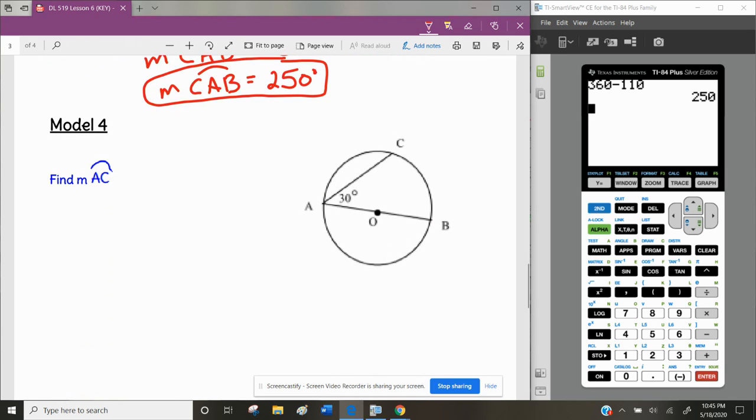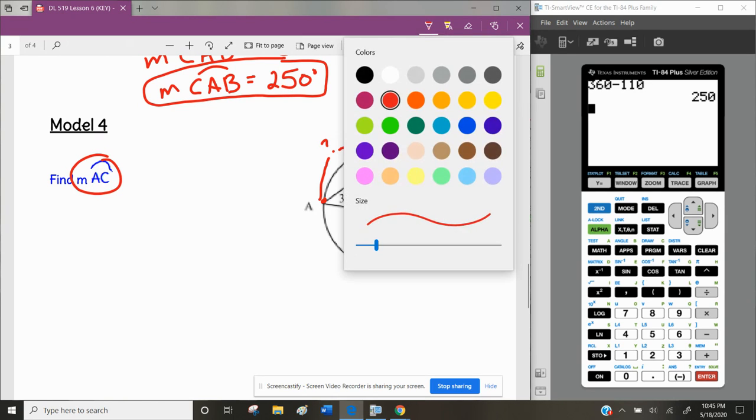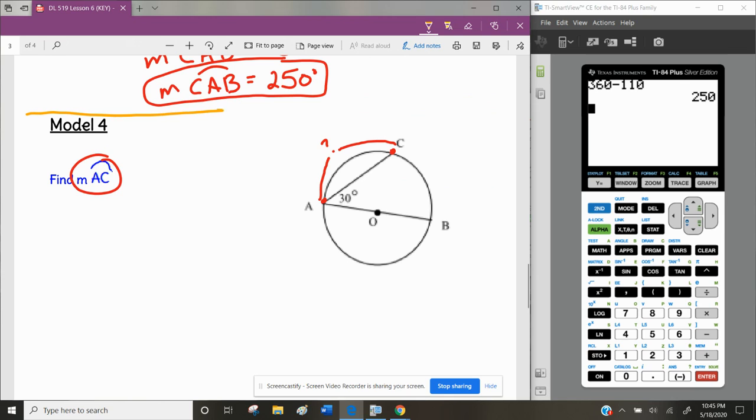So for model number 4, they want us to find the measure of arc AC. So again, how many degrees fits in this arc here? That's what we're looking for. And we are given a diameter AOB.